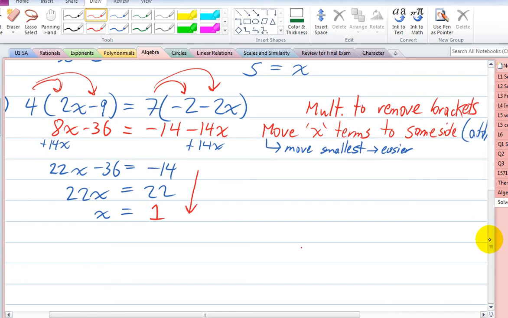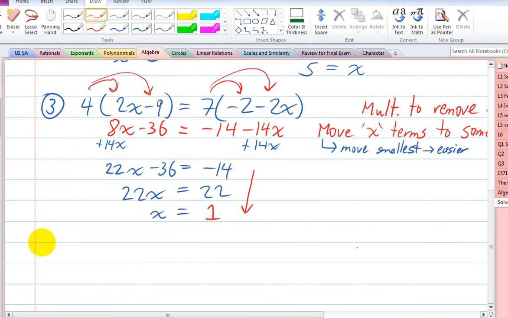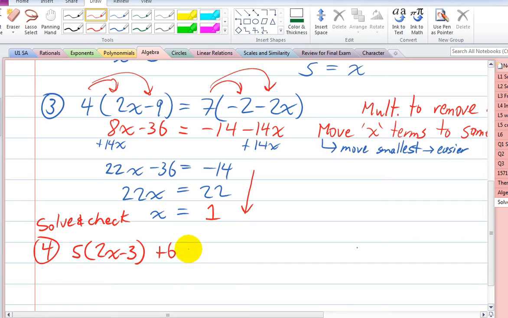So, we're going to do 2 more. Number 4. The instructions are solve and check. Okay. So we're going to get 5 bracket 2x minus 3 bracket plus 6 equals negative 35 minus 3x.